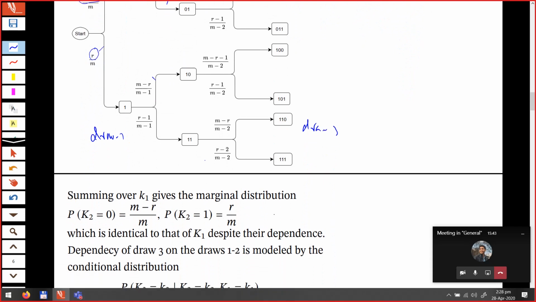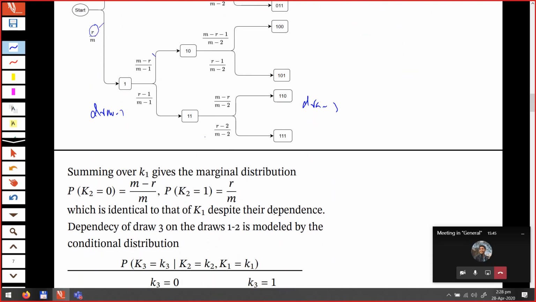So if I ask you a question, let's say from that table I have this joint probability, K1 is K1, K2 is K2. Let's say I know this. So this is kind of a joint distribution.